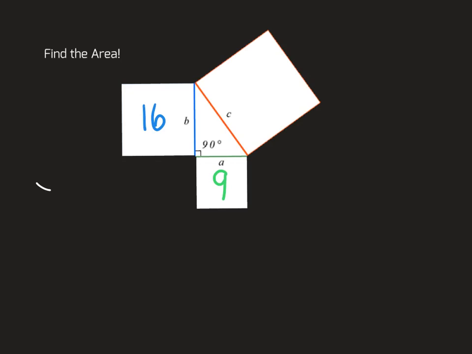And in order to find the area of the bigger square, you need to know C squared. So if you can see it right away, you know that you should just add those 2 numbers together because you're just looking for areas, then so be it. But if not, the biggest thing that you can do is plug it into the equation. So we have A squared plus B squared equals C squared, right? These are already the areas.